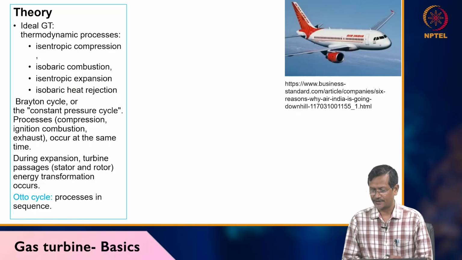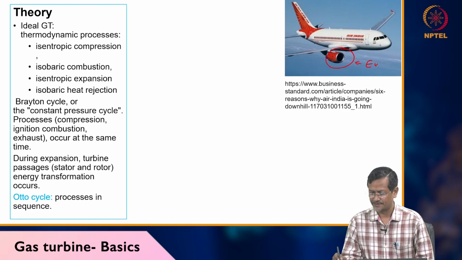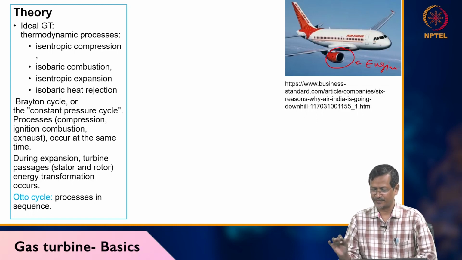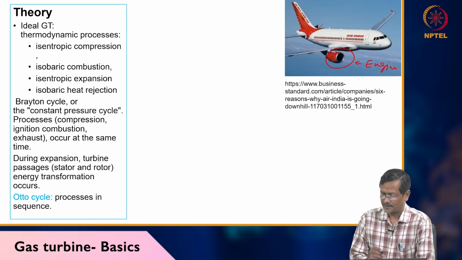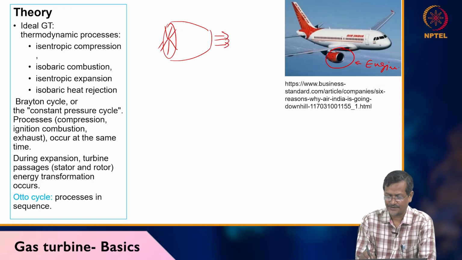You have seen gas turbines in aircraft. This is an aircraft engine, a simple example because you have seen it. You may have seen lots of blades rotating, and the gas comes out through this. Inside there will be a gas turbine engine.